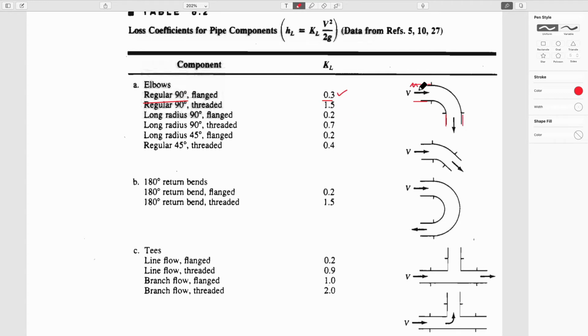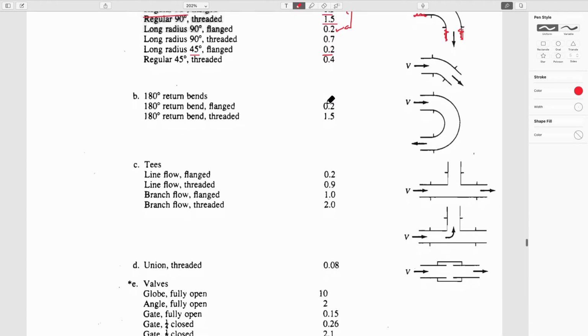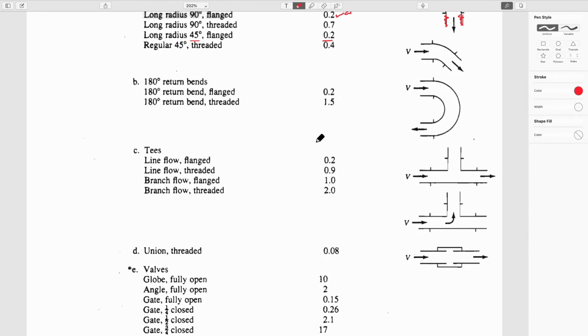If it has a threaded fitting on it, you can imagine that that wouldn't be so great for the fluid going through it, and it turns out to be larger. If you have a long radius, the acceleration is more gentle, so you'd expect this to be smaller than this one here, not surprisingly. And if it's only 45 degrees, then also you'd expect it to be less than 90 degrees. So all very rational. If you have 180-degree bend, again, threaded and flanged is different.